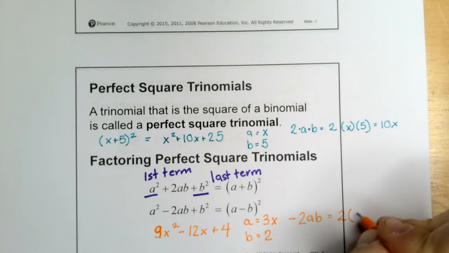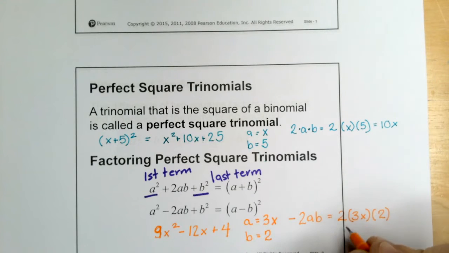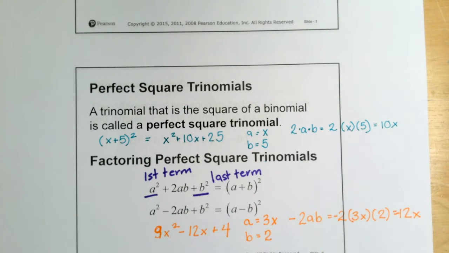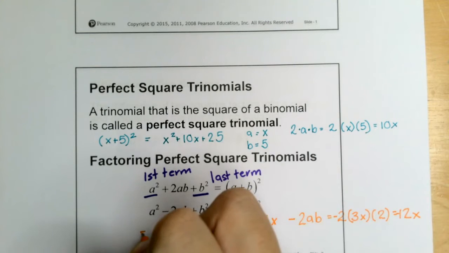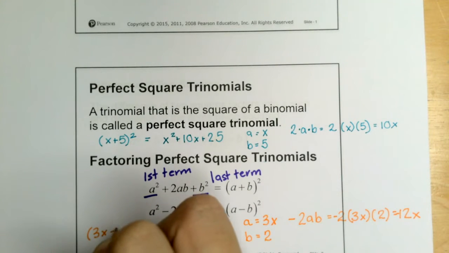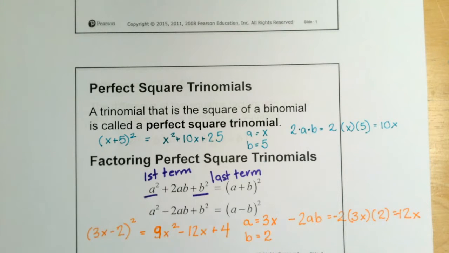So we have 2 times 3x times 2. 3x times 2 becomes 12x. Sorry, and it was a -2. So that one is okay. So because we know a and b, and we know the middle is a times b times -2, we can say that this one is the quantity 3x minus 2 squared. Okay.